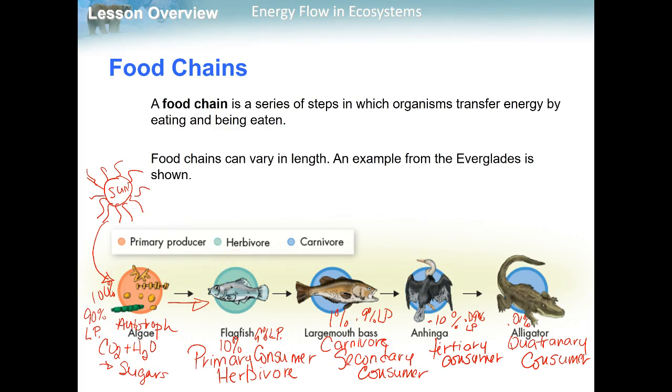Well, then I'm going to be getting more energy because I'm eating at a different level. So this simply shows a very simple food chain that passes energy along, and it gives you an idea of the energy flow. Hopefully that makes sense. We will go over this some more in class.